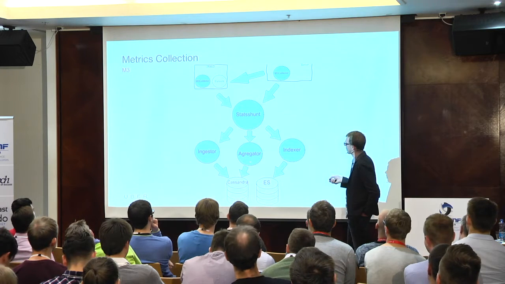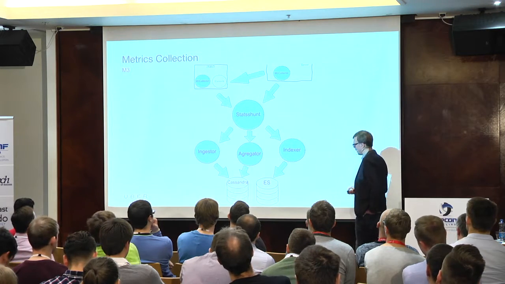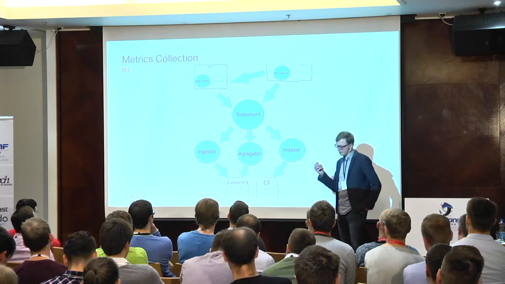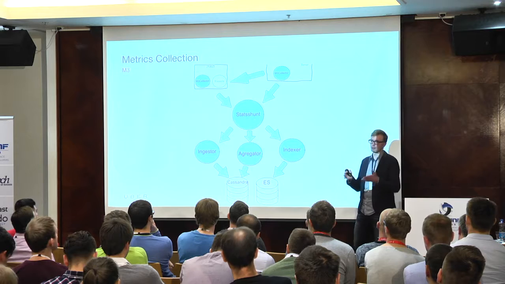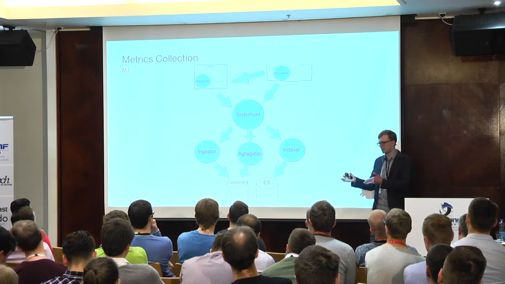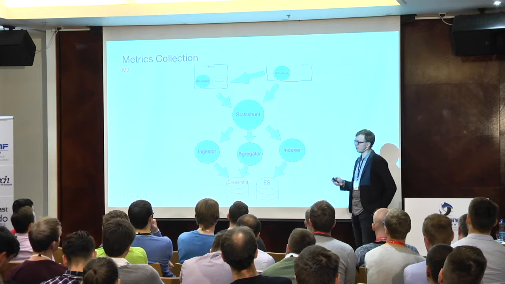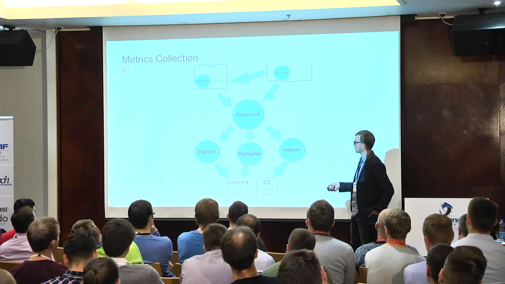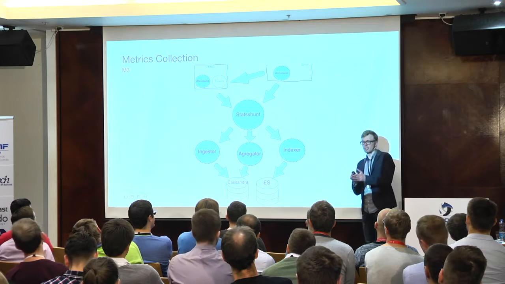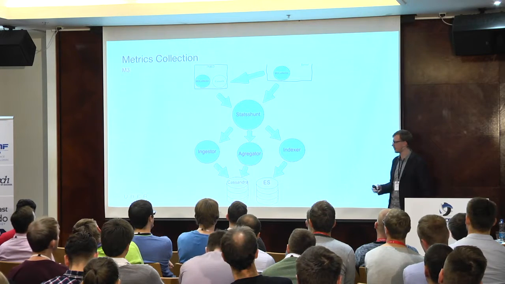One thing we actually added is this aggregator. When you send the metrics to Cassandra, at some point you want to aggregate them into bigger buckets, right? The same as Graphite does, same as other systems do. So in the first version, we read the metrics from Cassandra, put them in an aggregator, aggregated them into bigger buckets, and wrote again into Cassandra.